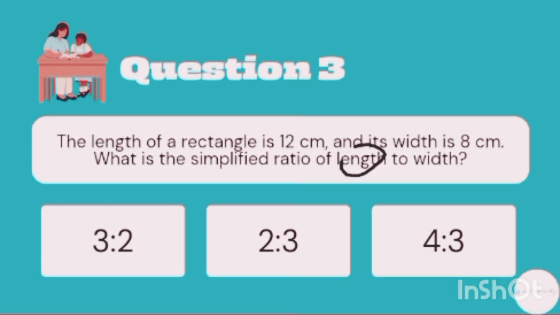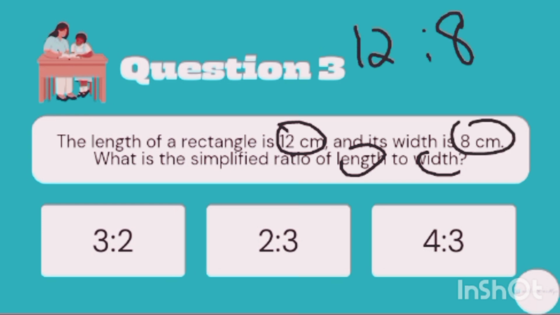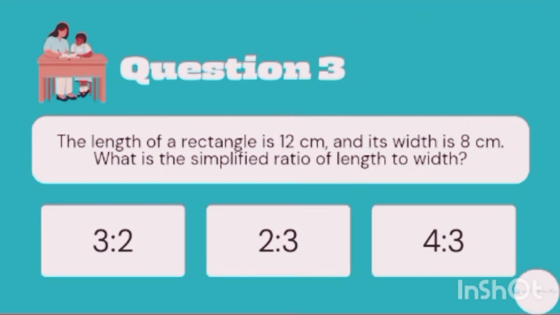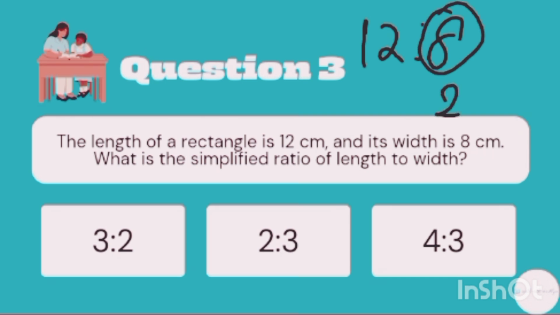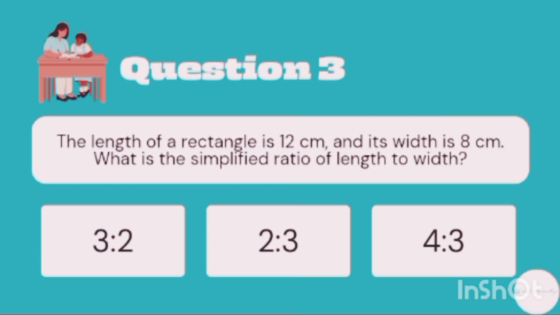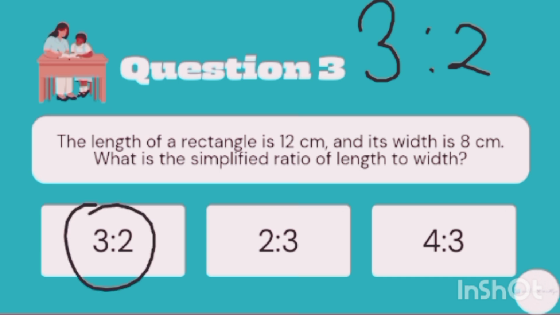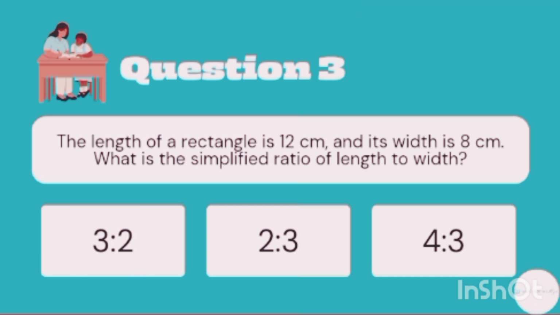So our length is 12 ratio breadth 8. To simplify it, we can divide by 4. If we divide 12 by 4 we get 3, and if we divide 8 by 4 we get 2. So when we simplify our ratio we get 3 ratio 2, and our answer is the first one, 3:2.